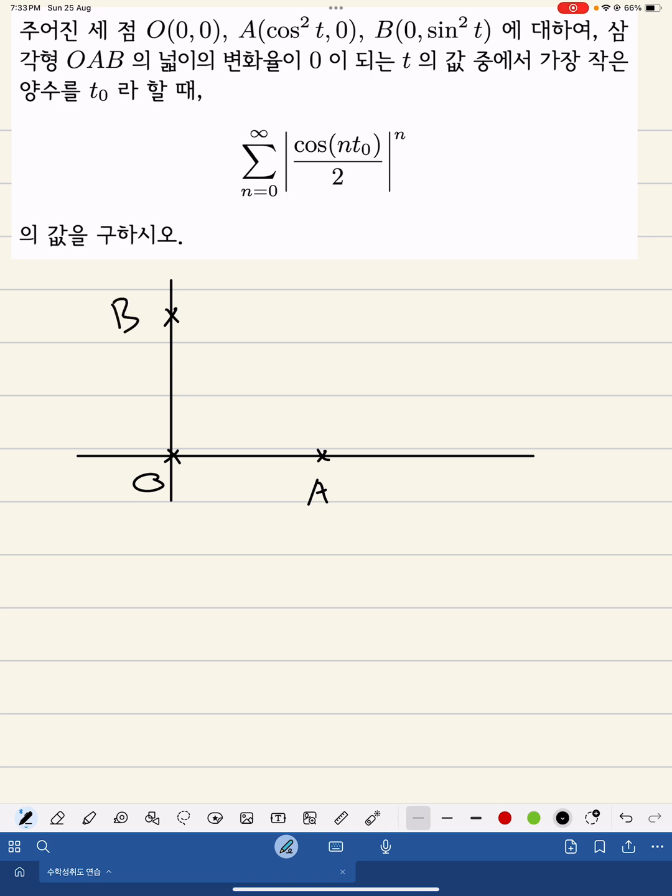And these points are moving at some rate as a function of t.